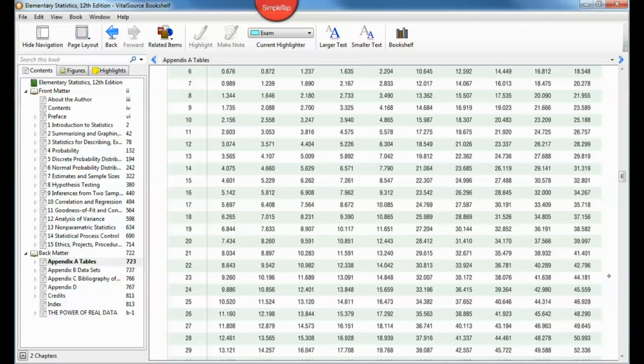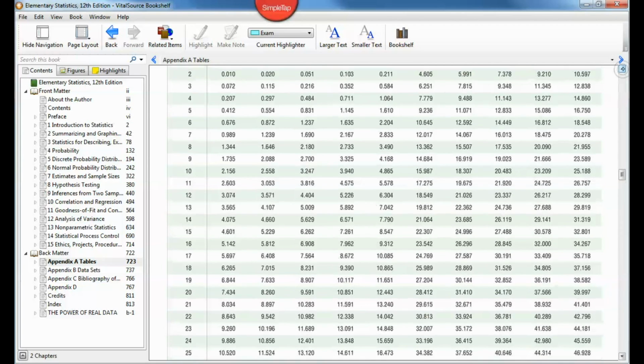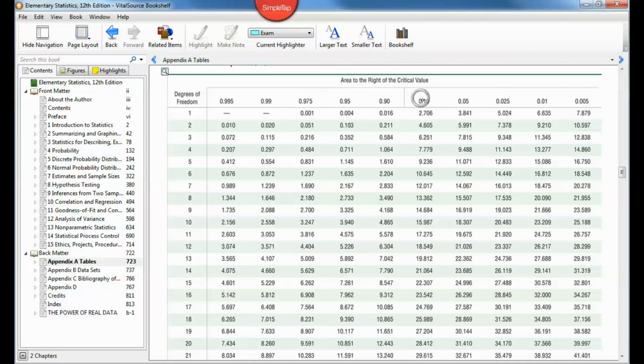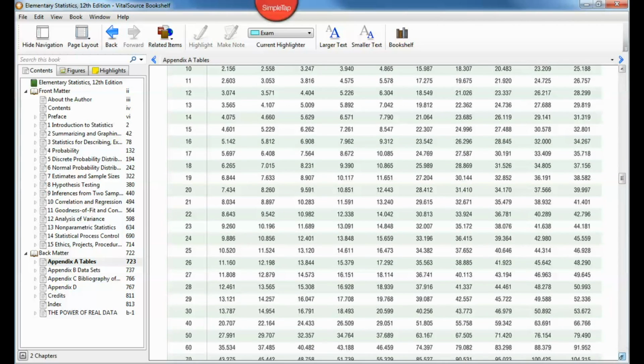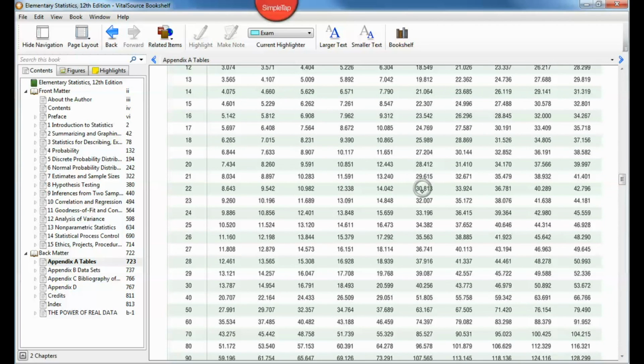Okay, so we're down here at 28. I need to see which column. Look at the column heading here. Alright, 0.1. This is for my right chi-square critical value. Now go down to 28. So it's this column, and let's go down to 28.